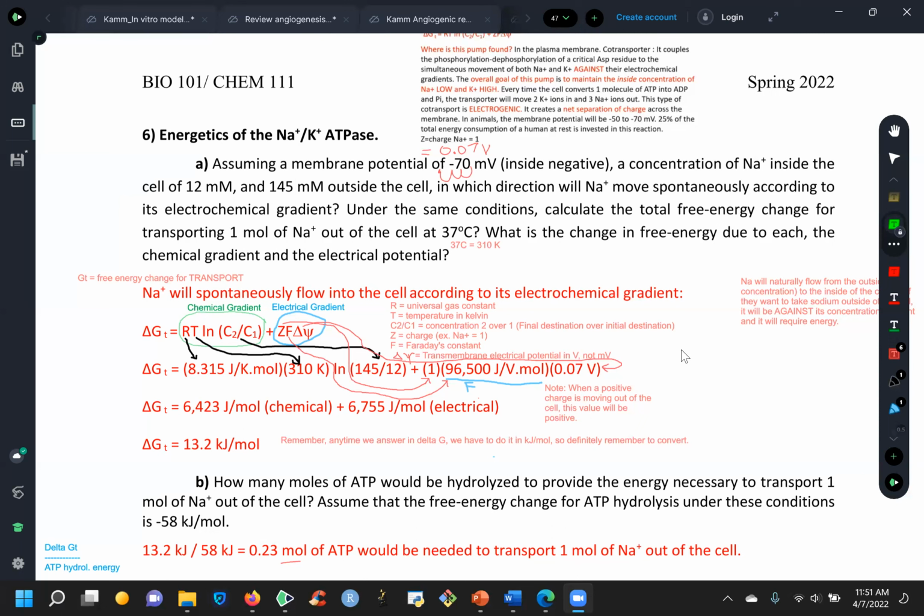If the atom or molecule that you are transporting does not have a charge, you only have to do the chemical gradient math.